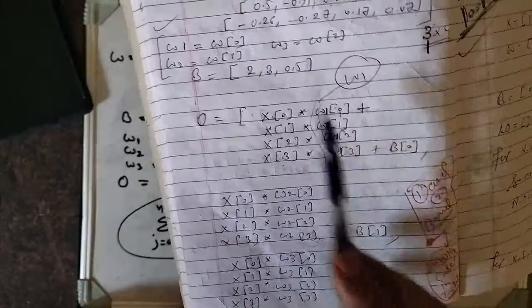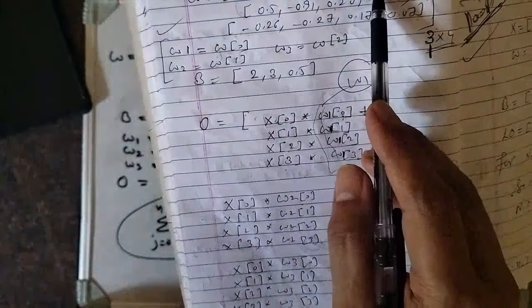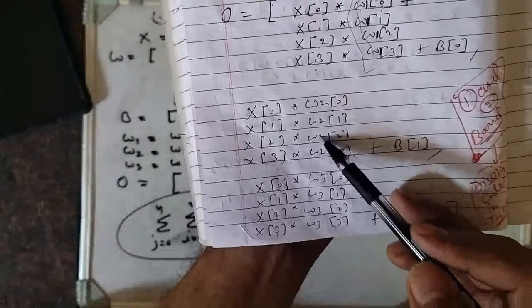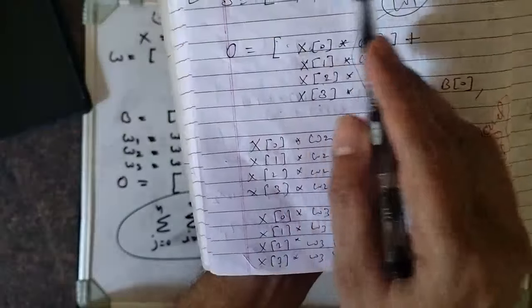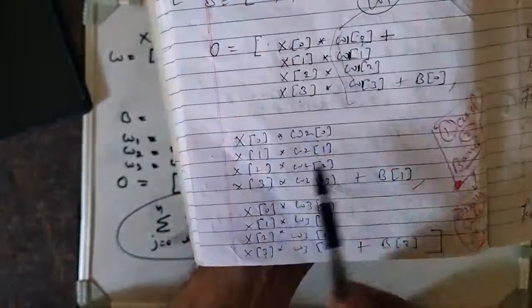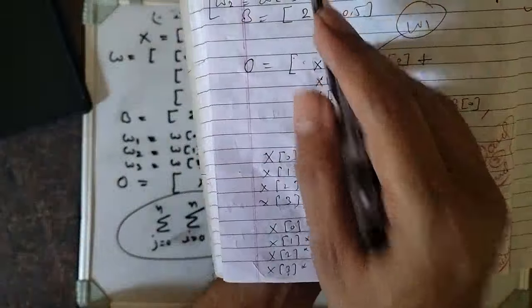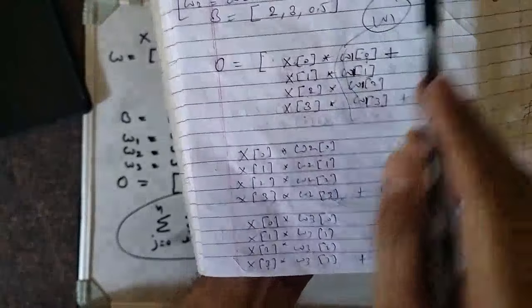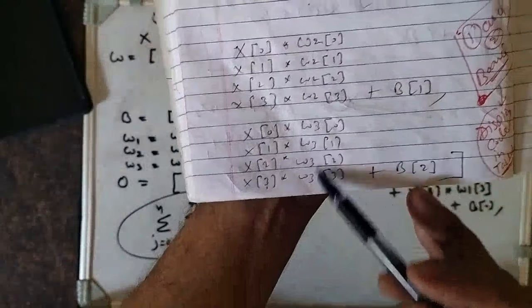This one is associated with this first list. After then w2, you can see w2, w2, w2, w2. So this w2 is associated with the second list. So each element you are multiplying, the first element multiplying this, then this element multiplying this, then this. Similarly for w3 also.